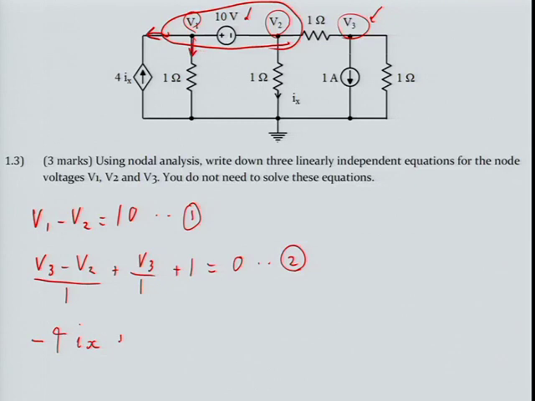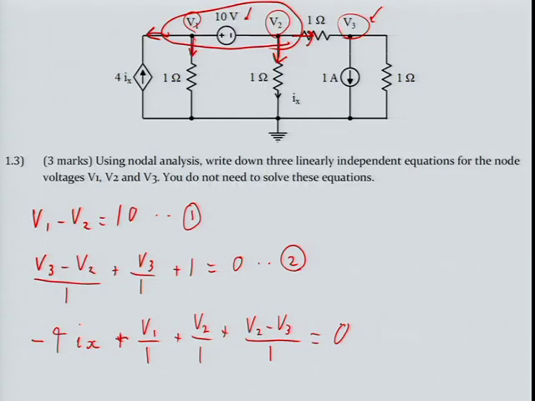That current there is V1 on 1, so plus V1 on 1. And I have to now add this one, which is V2 on 1, and that one, which is V2 minus V3 on 1. So the sum of all of those things equals 0.